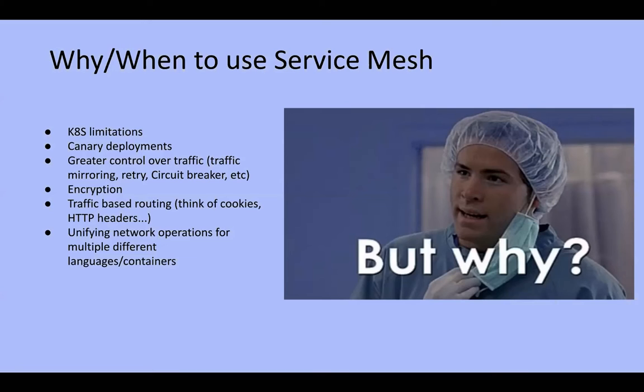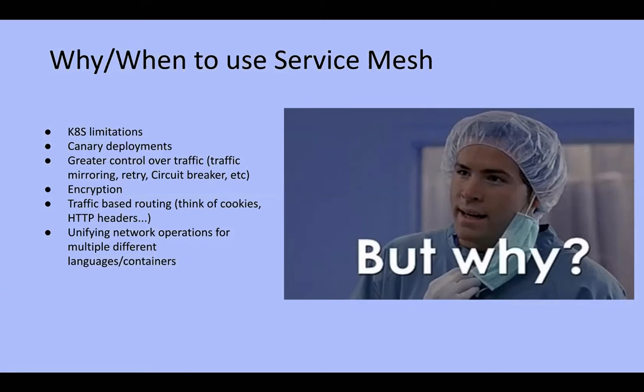So service mesh is meant to give you much more control over the traffic, and that's why it can also do one of the biggest advantages, or maybe not the biggest advantage, but the feature that people use the most when they go to service mesh, which is canary deployments.